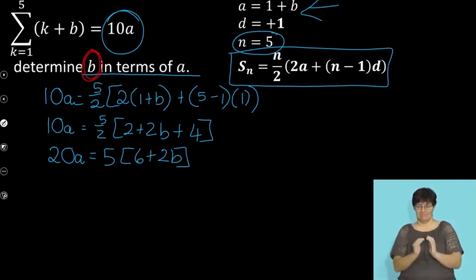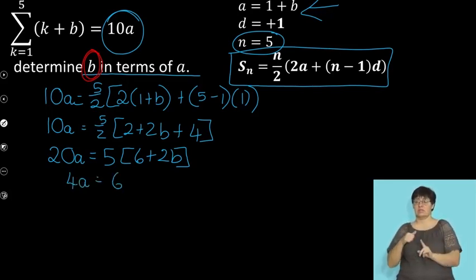I've just condensed and simplified that bracket. Remember, my whole goal is to get b by itself because I want to determine b in terms of a. I'm going to divide both sides of the equation by 5, so that's going to leave me with 4a is equal to 6 plus 2b.